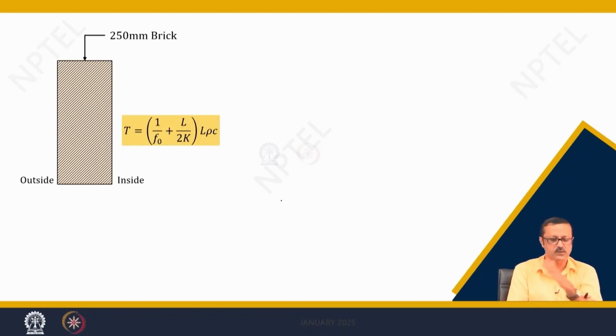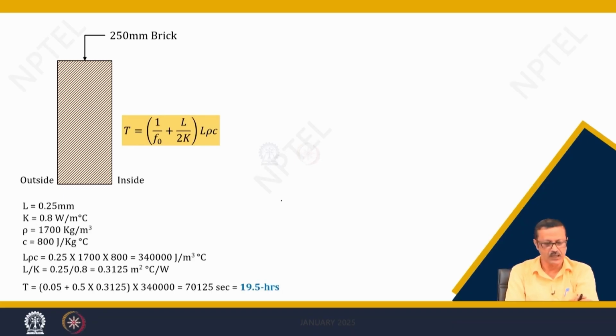For the 250 brick wall I calculated and found it is 19.5 hours; it is a homogeneous case, so I have used the first equation. I have taken some other values of this parameter, because different types of brick may give different values of density or thermal constants.